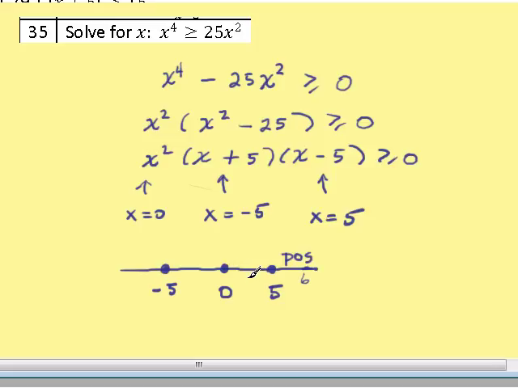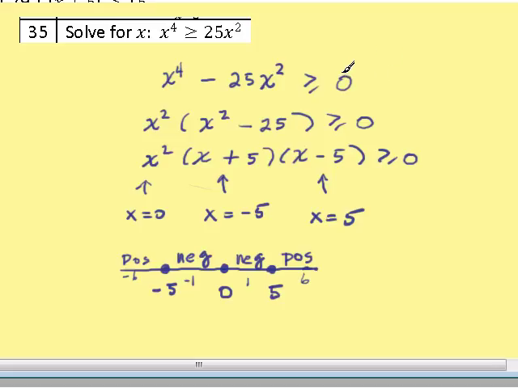Here let's substitute in the 1, and we have positive, positive, negative. If we substitute in, let's say, minus 1, we have positive, positive, negative again. And let's say we substitute in minus 6, and here we have positive, negative, negative, which would be positive.